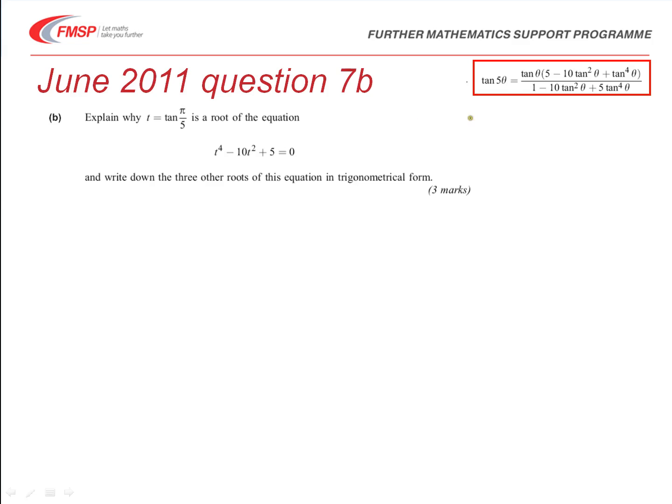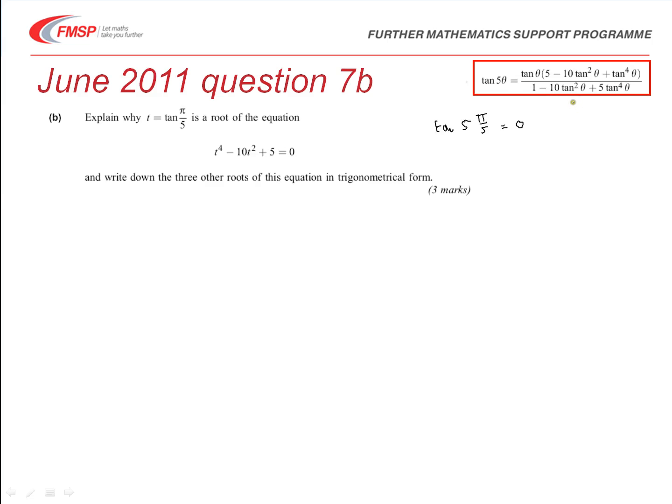Well, if we substitute the angle theta equals pi by 5 into this expression, we get tan of 5 lots of pi by 5, which is going to be the tan of pi, which is 0. So we're saying that the right hand side of this equation is equal to 0.